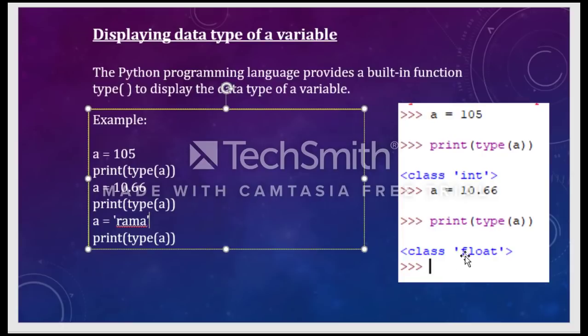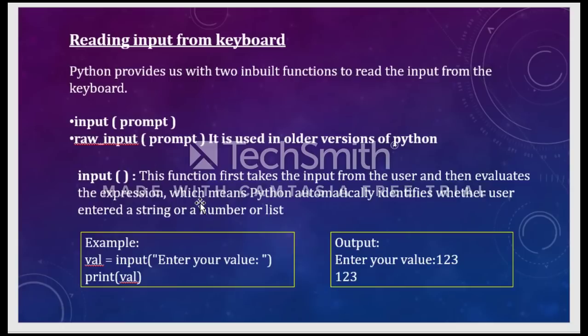It will display like this, class str. So that is one of the concepts related to variables, where if we want to explicitly know the type of variables, then we can mention it like this.